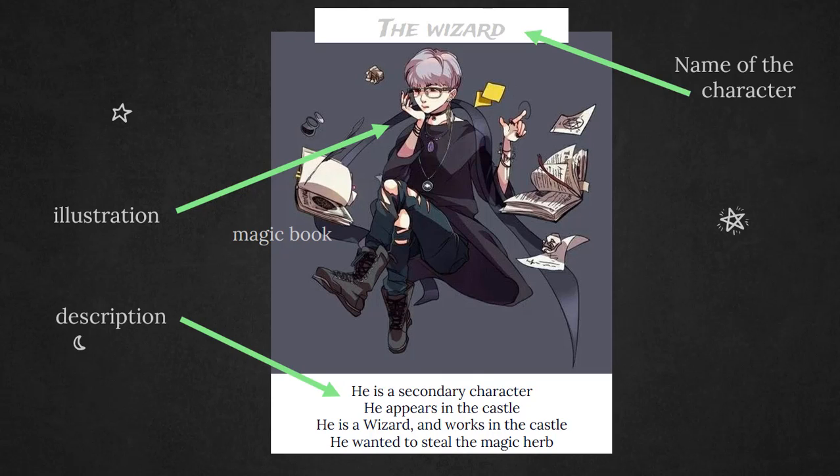He wanted to steal the magic herb. Es un secondary character, aparece in the castle, trabaja in the castle, y quiere robar the magic herb.